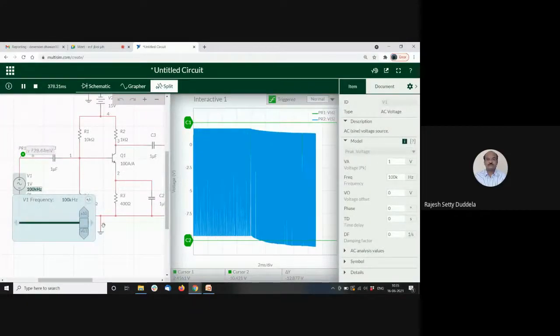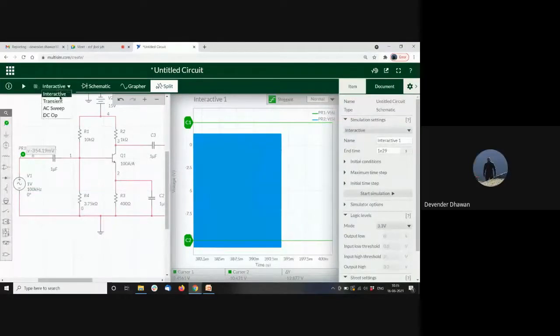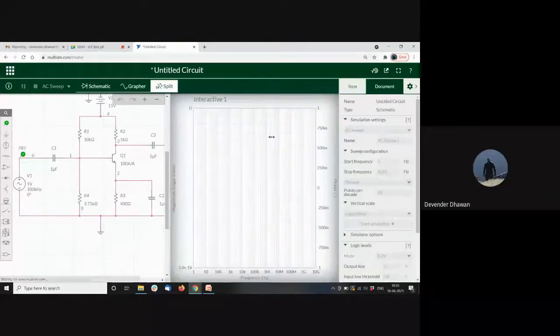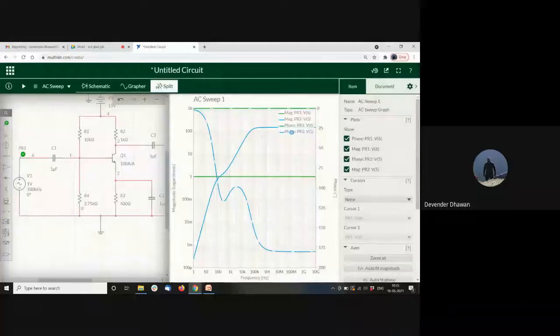I'm asking in the graph, sir. The frequency response curve. Yes, sir. There we don't see the high cutoff, because I guess as per the circuit there's no cutoff.